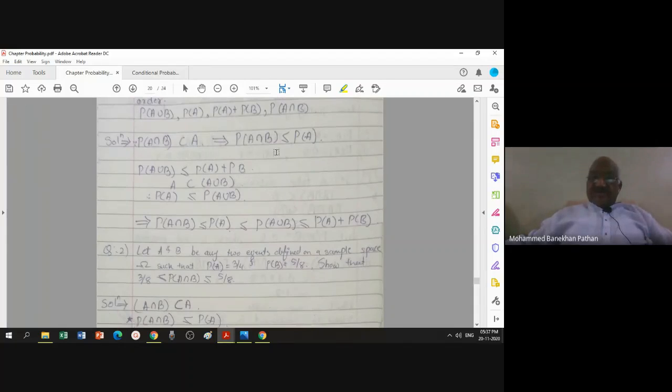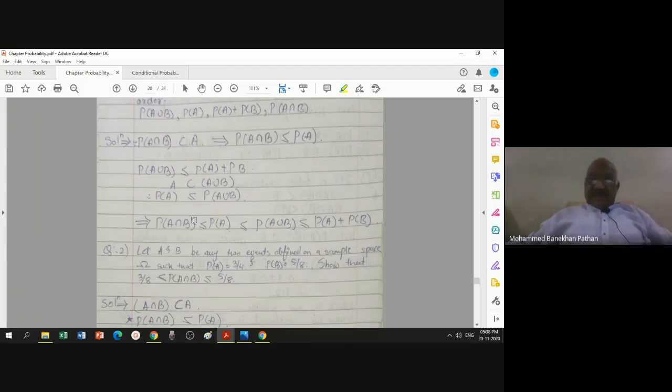So what this discussion tells you is that probability of intersection is smaller than PA, PA is smaller than P of union, and P of union is smaller than PA plus PB. That means all these probabilities we write in ascending order like this.